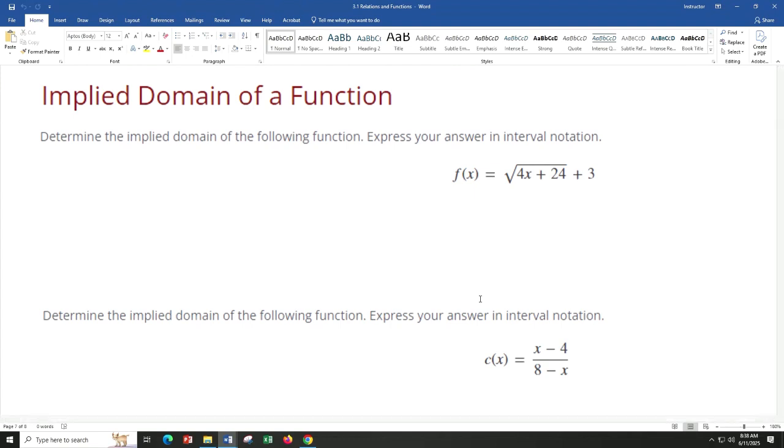Let me put it this way a little bit different. If I give you something of the form y is equal to something, you're never going to solve for a restriction. When you solve for that guy, okay, hence solve for it, okay, you're not going to end up with a restriction. You're just going to end up with an answer, okay? But functions you're not solving for a function.